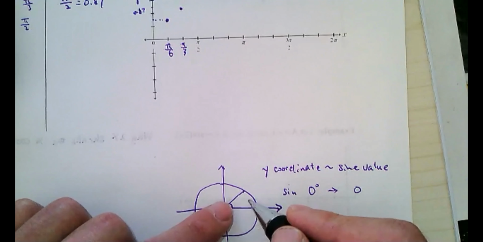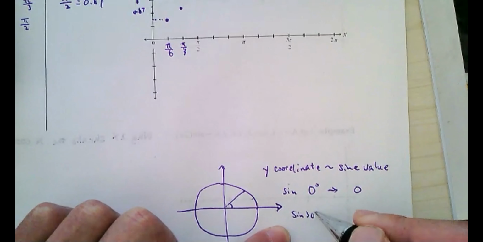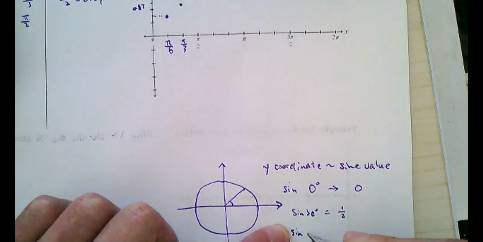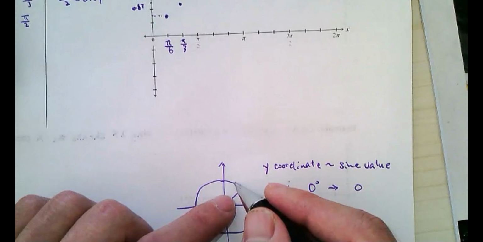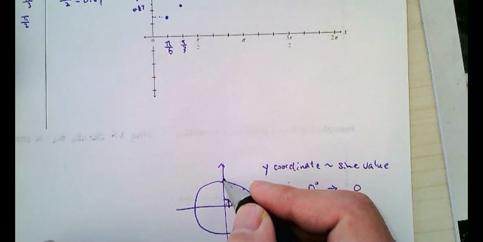Then you move up a little bit. We just figured out sine 30 degrees is 1/2. Then we figured out sine 60, you're moving up, is 0.87. Then you move up vertically. Can anyone tell me if you get a 90 degree angle here, what's the y coordinate of this point?